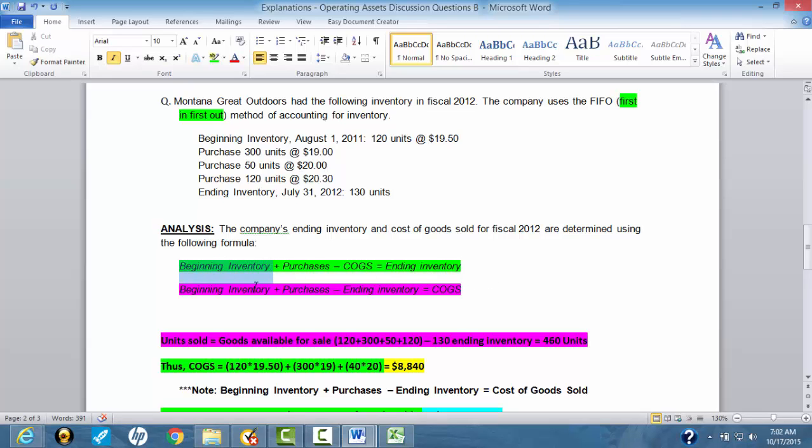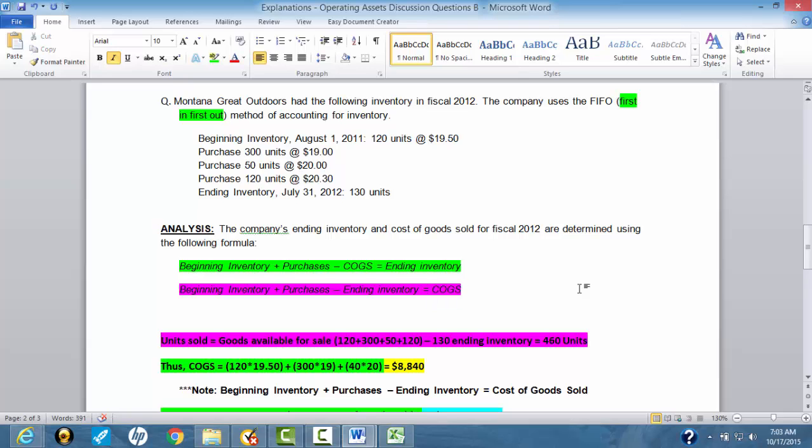Beginning inventory, that's the inventory in storage at the beginning of the period, plus the purchases that came in, less what went out or was sold, should give us what remains at the end of the period, which is ending inventory. We can flip the formula and have beginning inventory plus purchases less what remained in inventory should be equal to what was sold, cost of goods sold.